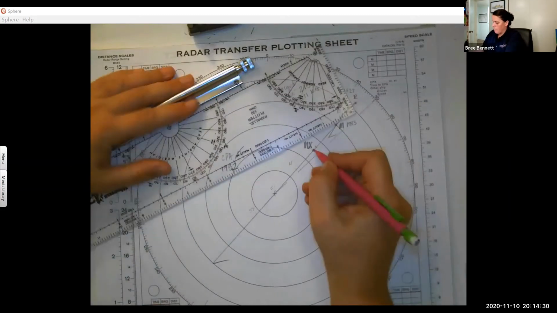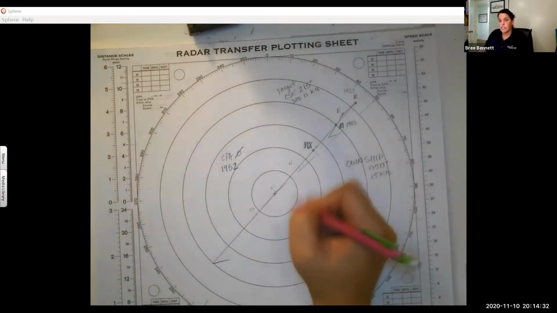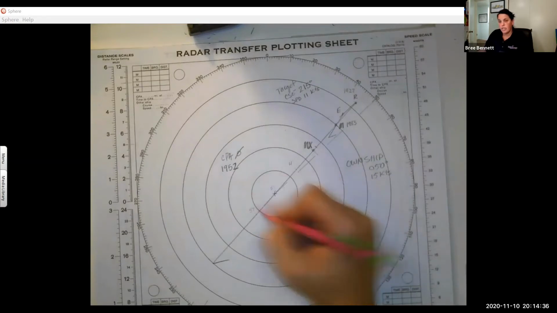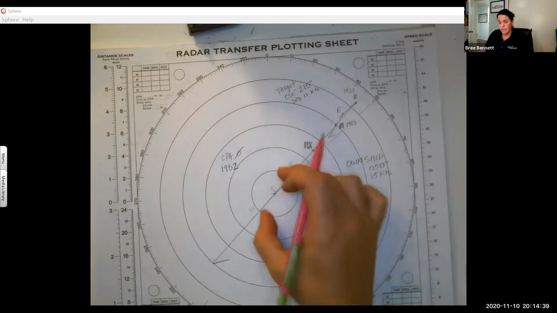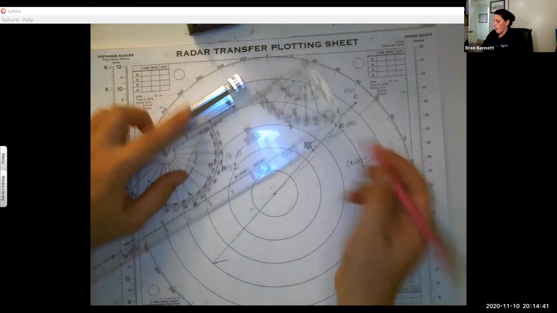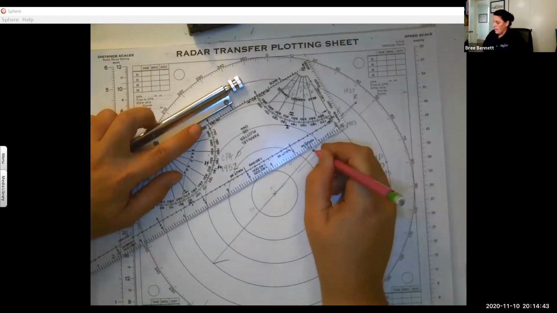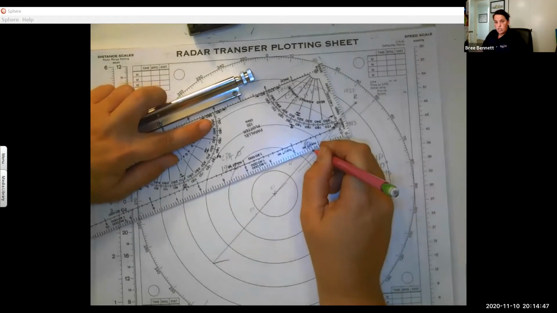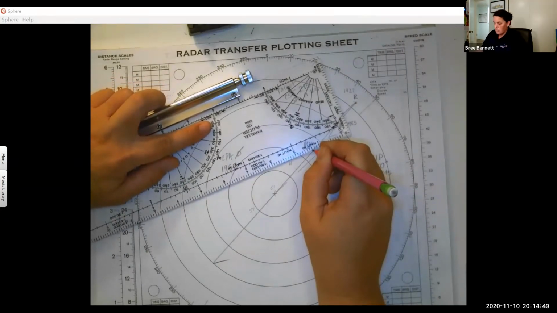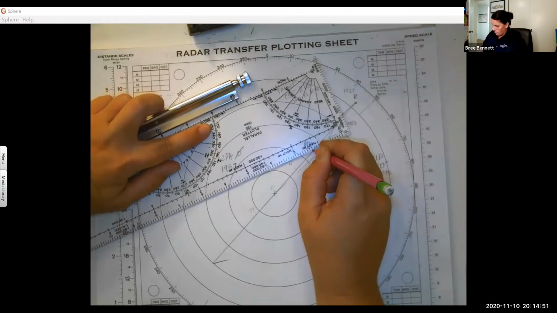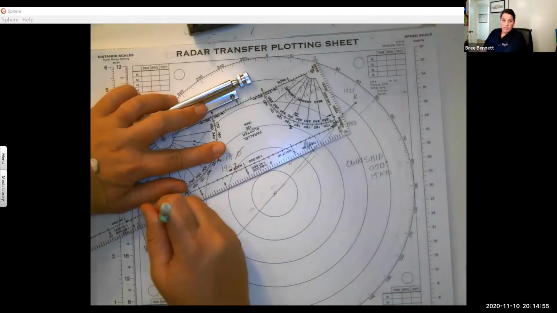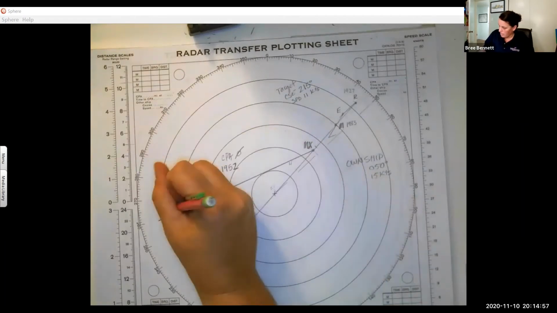So 2 nautical miles is already a circle on here. So my CPA of 2 nautical miles is already a range ring. So I don't have to draw that one in. So I have my MX, and then I'm going to put this just on that 2 nautical mile circle and draw in my new relative motion line.